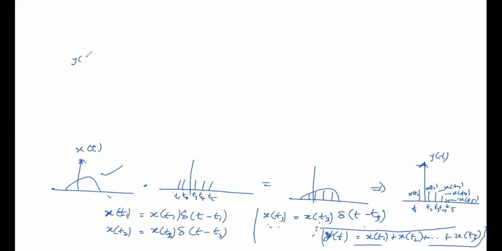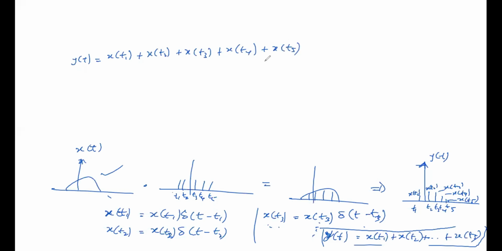Now, Y of t will be the sum of all of these signals, which is S of t sub 1 plus S of t sub 2 plus S of t sub 3 plus S of t sub 4 plus S of t sub 5.